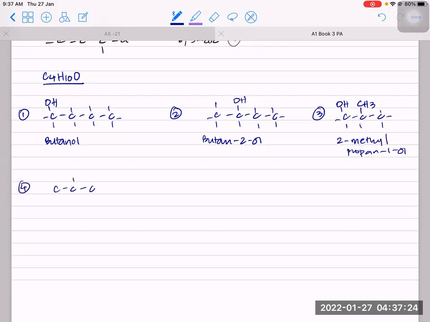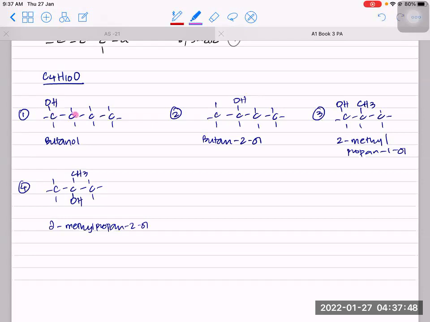Then what can we have? A 2-methyl propan 2-ol. Can we have anything else? Any other possible structural isomers? Okay, now check for stereo. They can't have geometric because there's no carbon-carbon double bond. Check for chiral carbon. Can this be chiral?